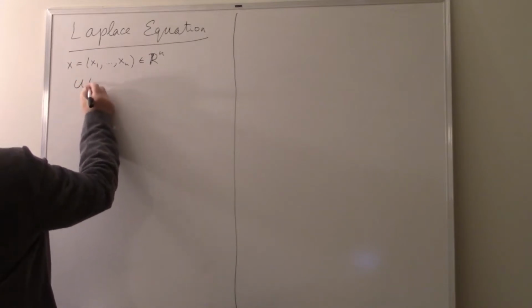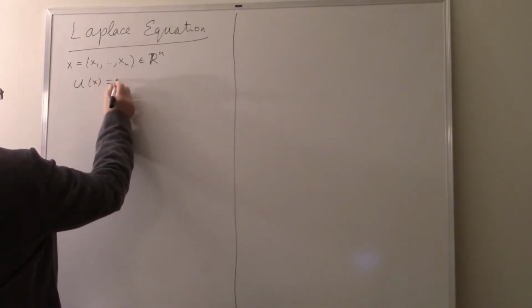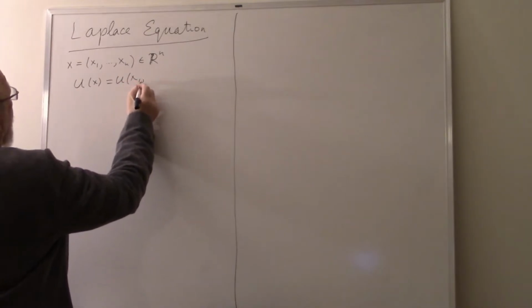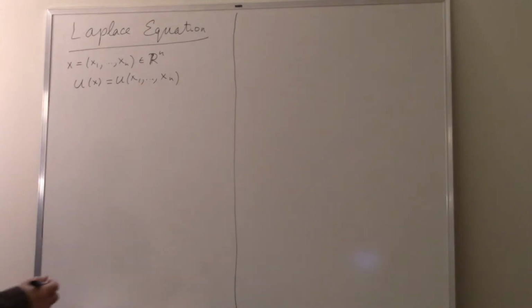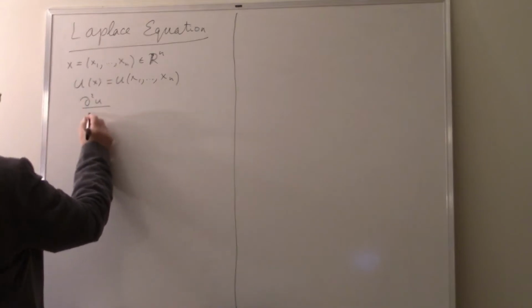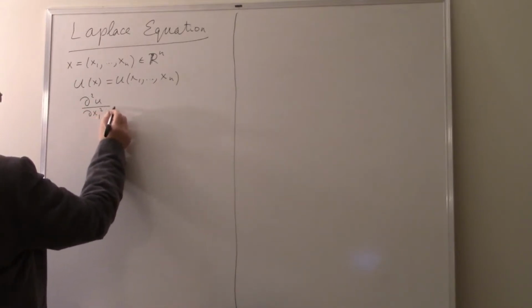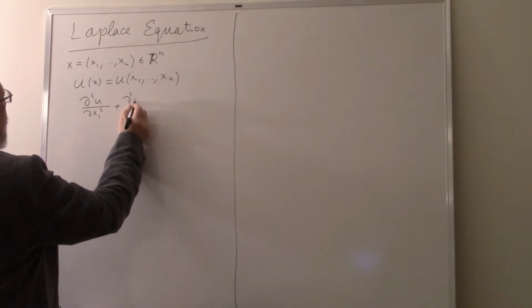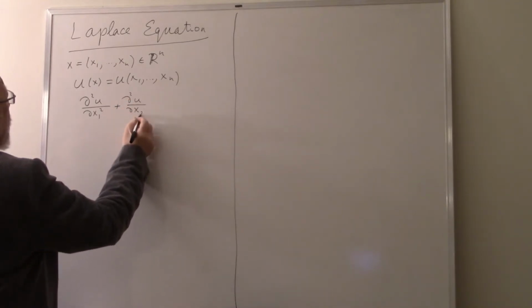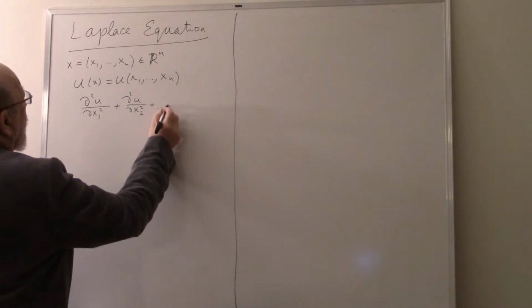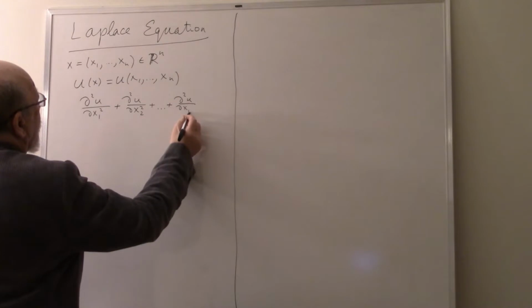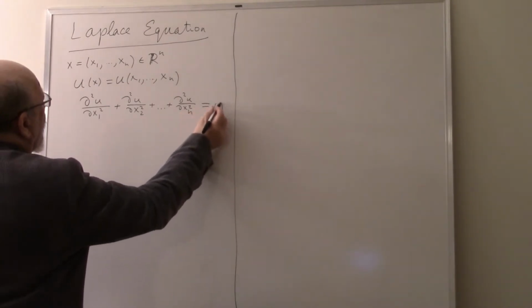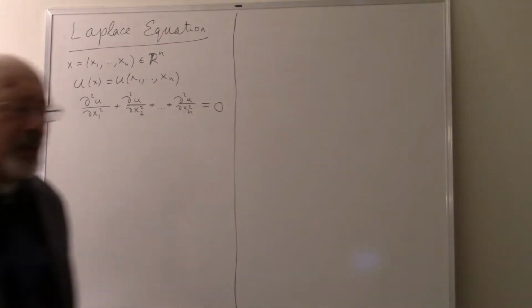The unknown function u of x equals u of x1, ..., xn, and the equation is the following: d2u/dx1 square plus d2u/dx2 square plus, and so on, plus d2u/dxn square equals 0. It is the Laplace equation.